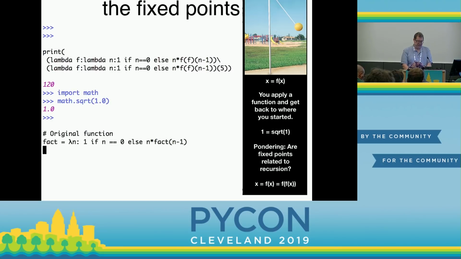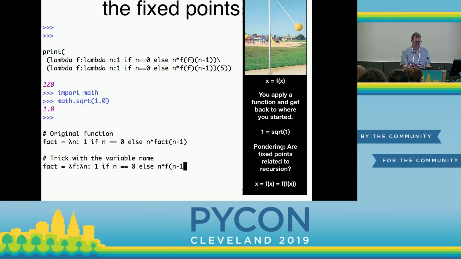One of the things that we did in the previous part is we did this trick with the variable name, where we passed in an f. That was the thing where it's like, well, that makes no sense at all. What do you mean? You have the fact on both sides of the equation there.